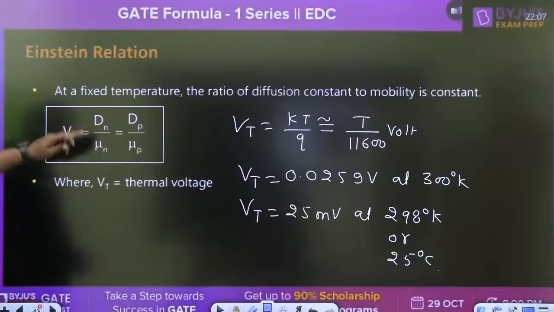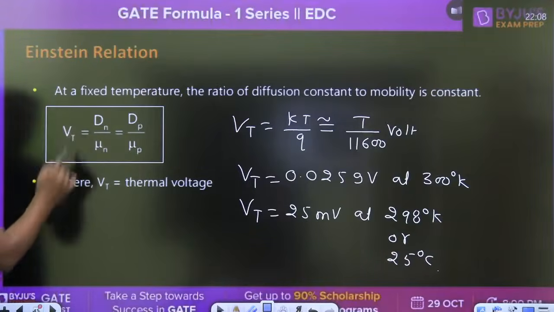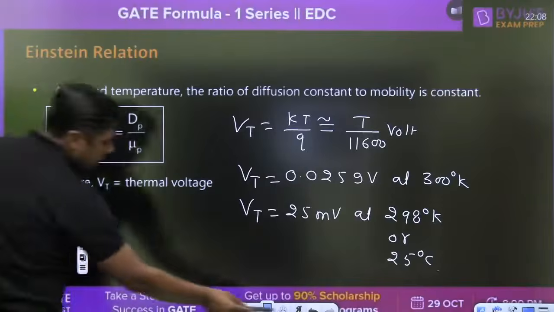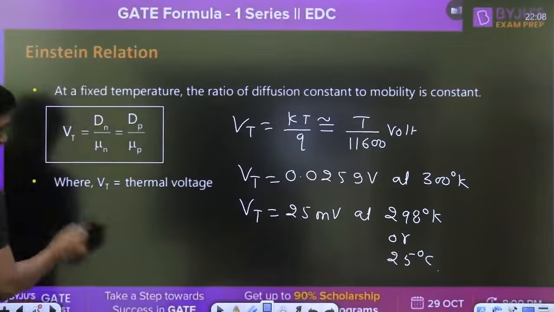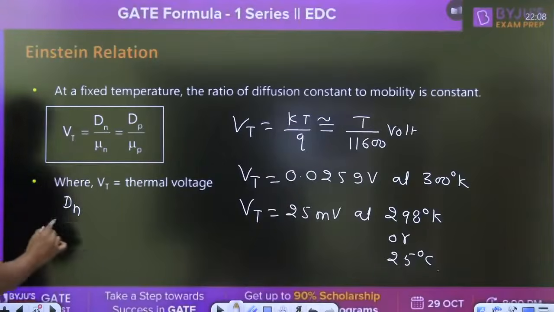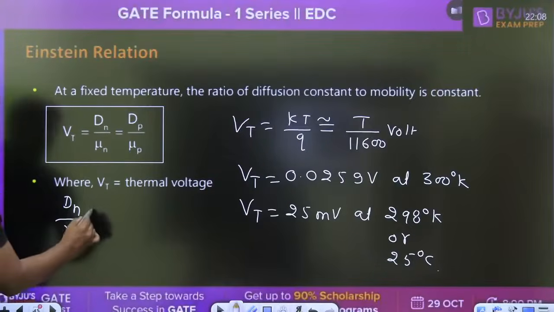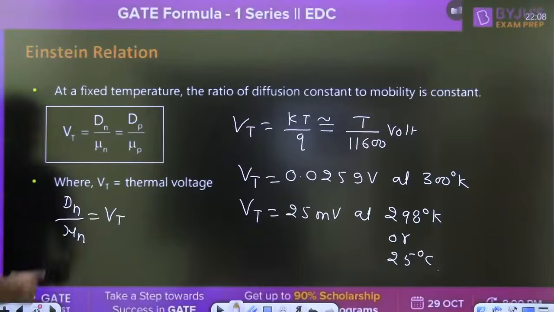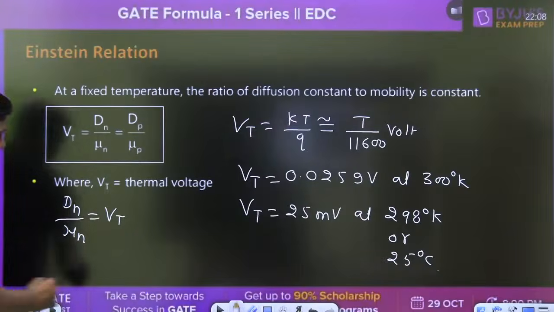Dn by mu n is equal to dp by mu p. It is a Vt. So here we are using Vt in volt only. Remember that. Dn is the diffusion constant, mu n is mobility, equal to what? Vt. Remember, what is the unit of the mobility?